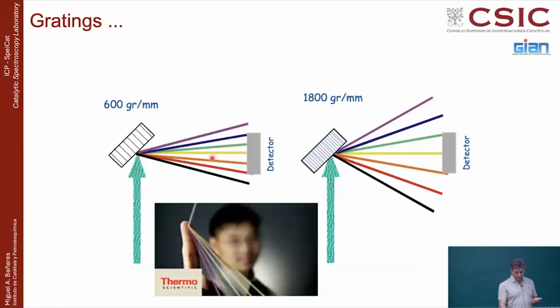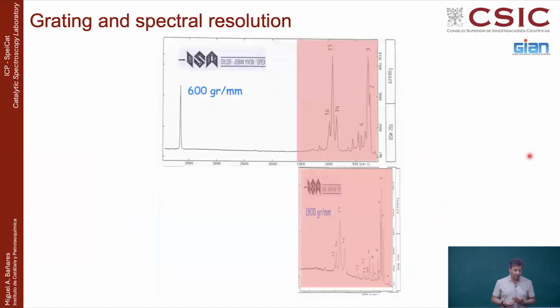Here you see many things, but of course the resolution is lower. Here you see less things, but with higher resolution. For a given grating, depending on whether the detector is closer or more distant, the spectral resolution will be better or worse. So basically, they are playing with these kinds of parameters for the resolution of the system.